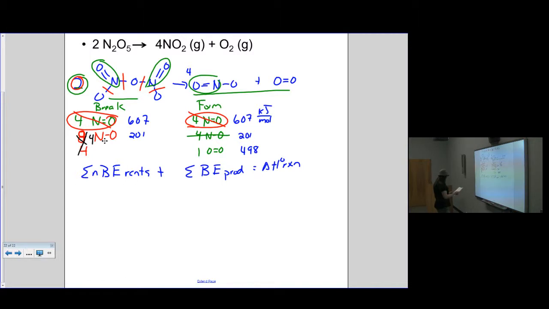All right, so now reactants minus products. So I'm going to break 4 NO bonds at 201 kilojoules per mole.